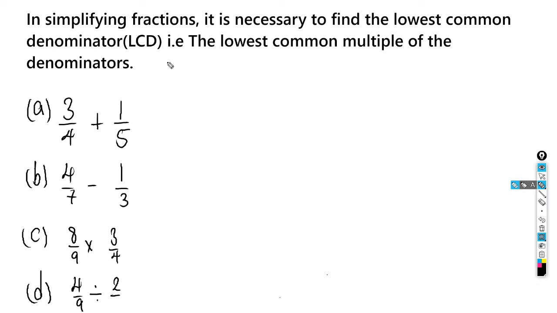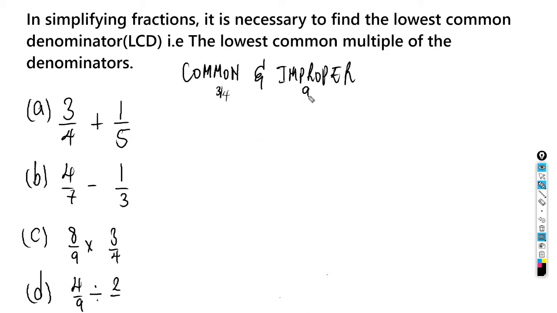All right, guys. So we went through the 2 types of fractions, which were common fractions, right? And improper fractions. Okay. And remember, common fractions are like that example here, 3/4. 3/4 is a common fraction. And an improper fraction would be like 9/4. Okay.